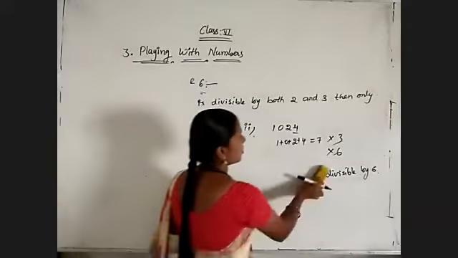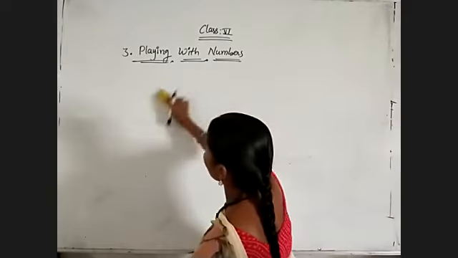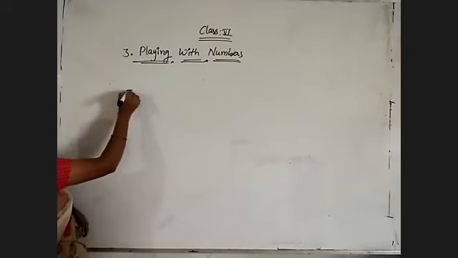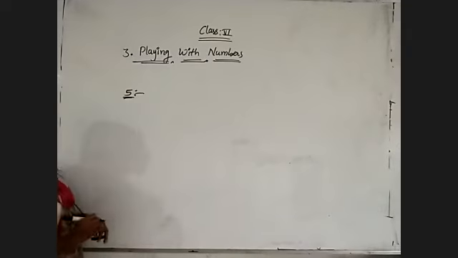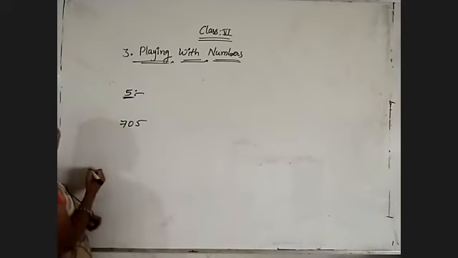Another divisibility rule we will learn. Okay, now I am going to 5. Divisibility rule of 5. See, first suppose I have a number 705.